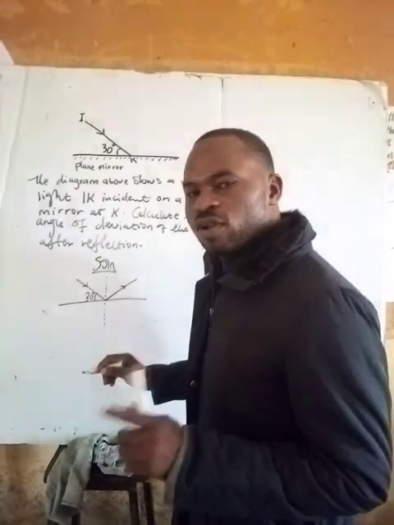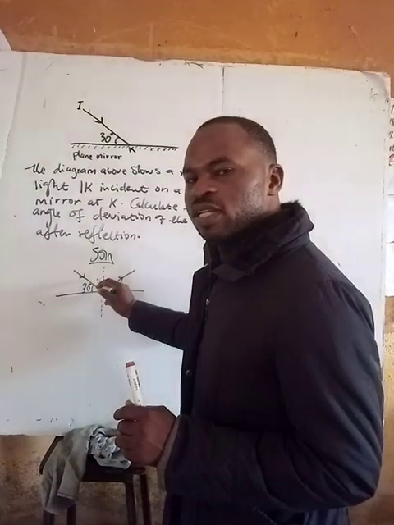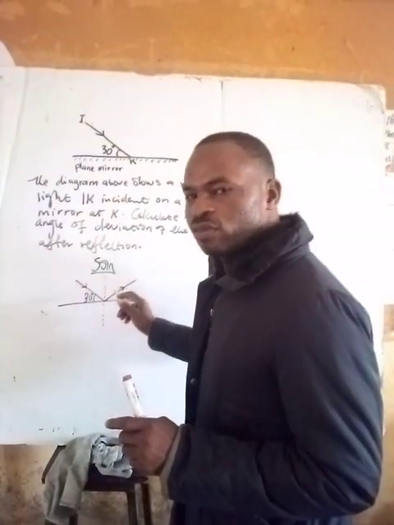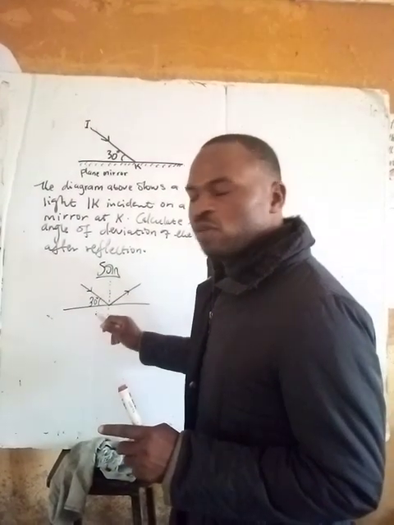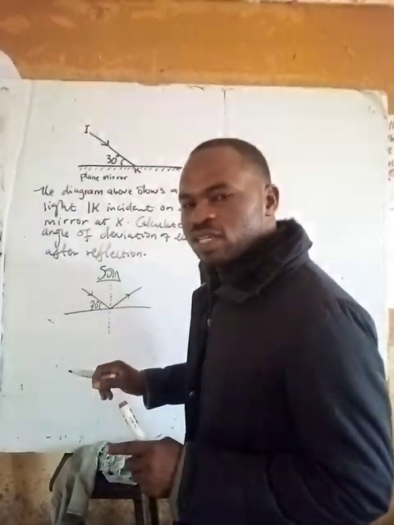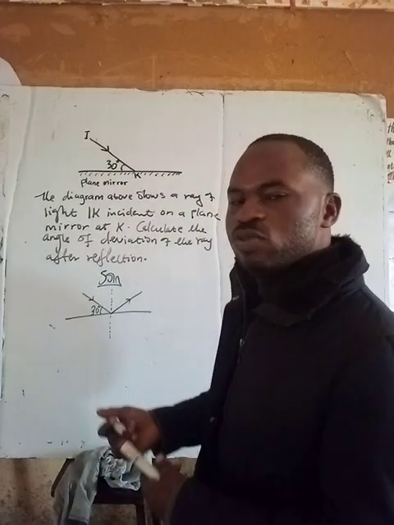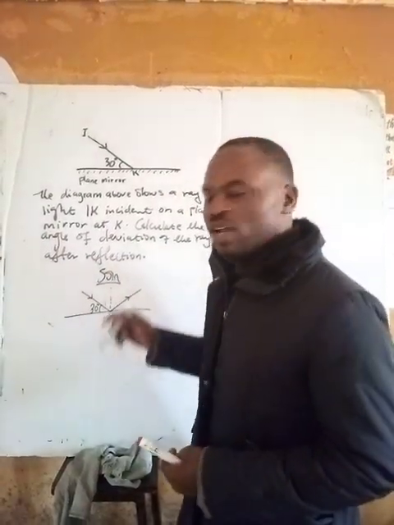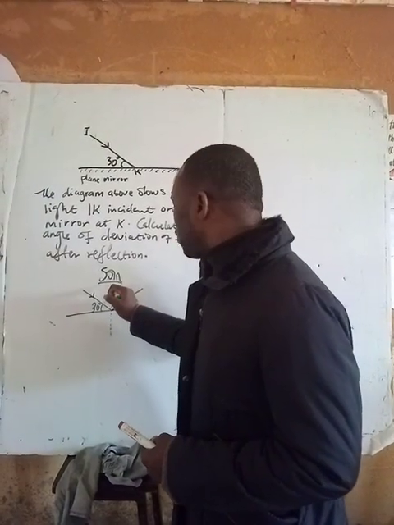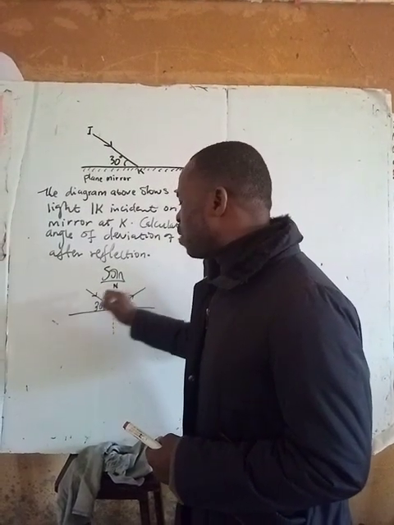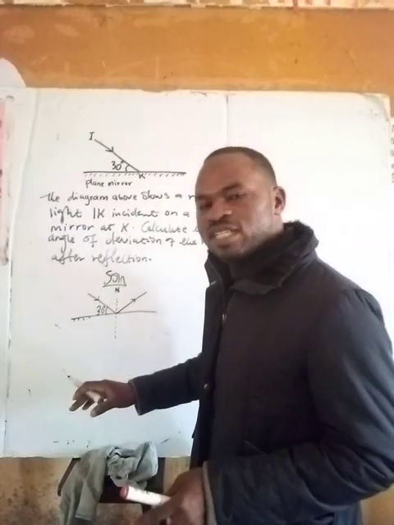And one of the laws of reflection states that the angle of incident is equal to the angle of reflection. But at this point, we don't have the angle of reflection, and we don't have the angle of incident. So we have the glancing angle, which is 30. What must we do to get the angle of incident? We must take from here. Remember, between the normal and the mirror is 90 degrees.